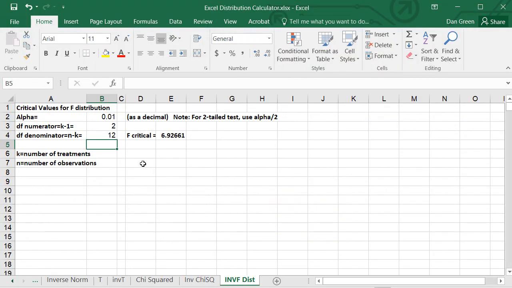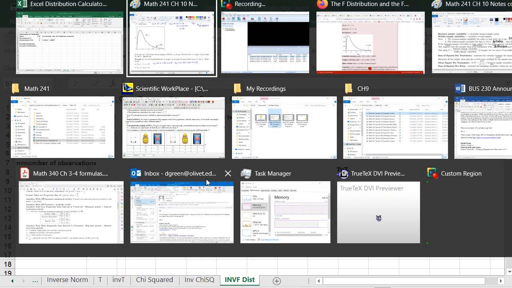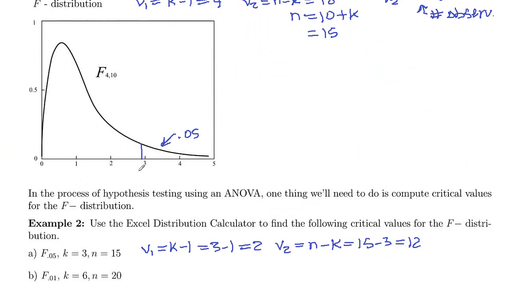And our alpha here was 0.05. And so our critical value there is 3.88. So this value is 3.88. We would write that as F 0.05 equals 3.88 with those degrees of freedom.